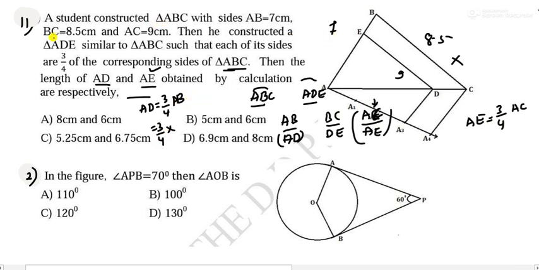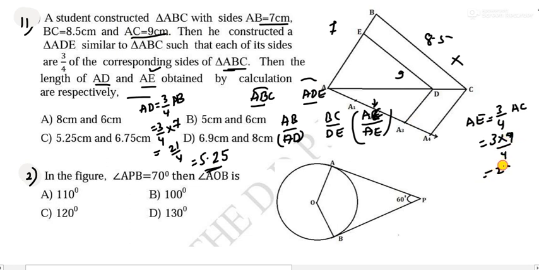So now just substitute 3 by 4 into AB. AB is given as, just look at this, 7. So when you do this, 7 3s are 21 by 4, correct? So 5.25 you will get, right? Next, here if you substitute 3 by 4 into AC, how much is it? Look at this, 9, divided by 4.